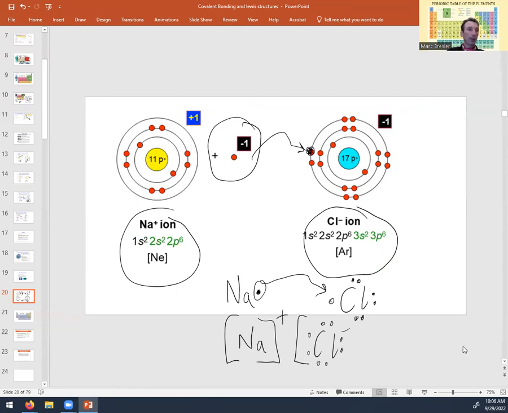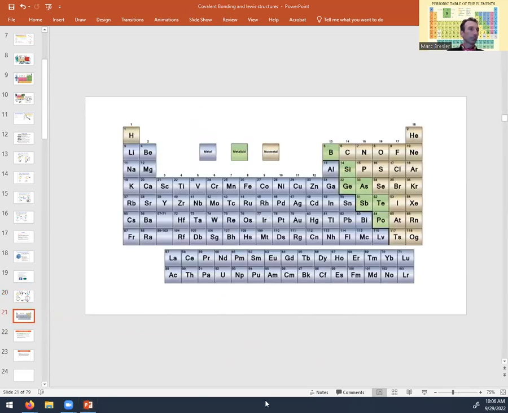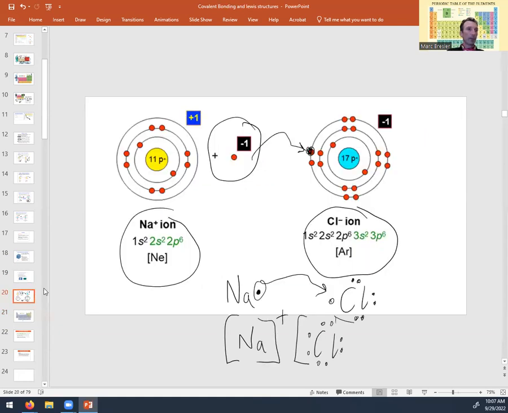Put that minus on the outside of the parentheses here. Good. So in a way, this is a Lewis structure for ionic compounds. You put that little bracket there.